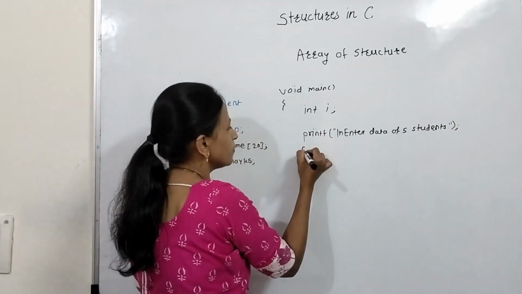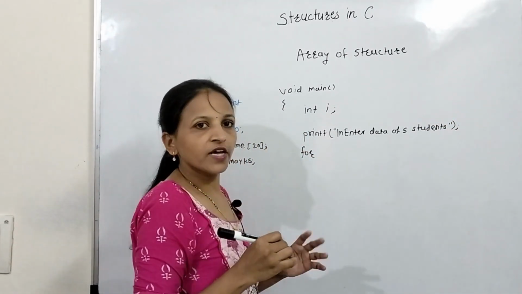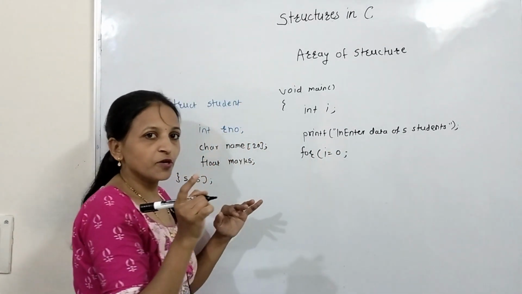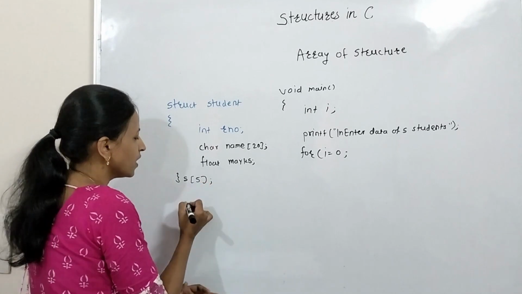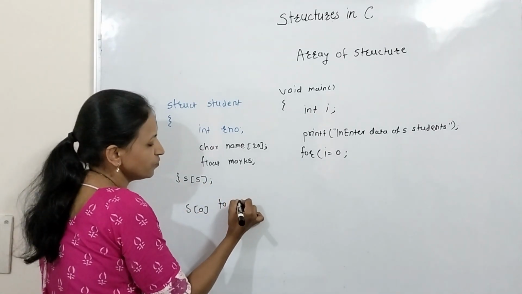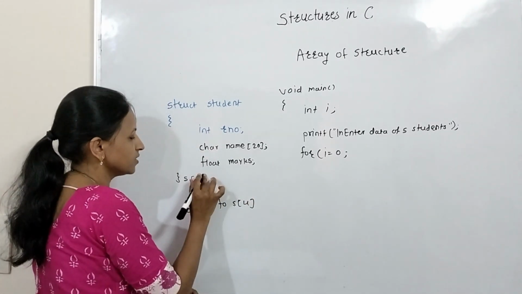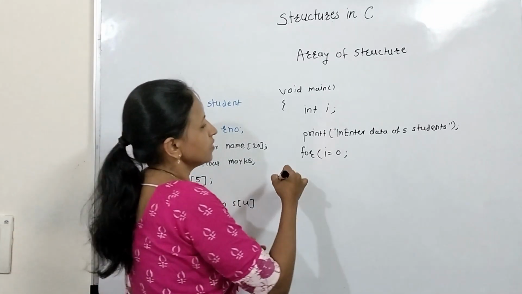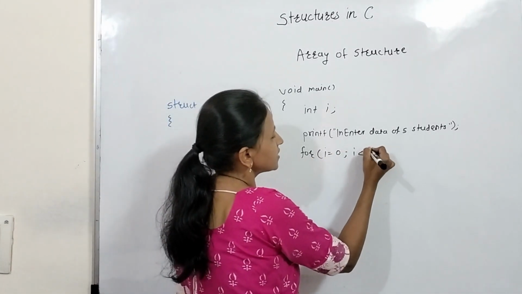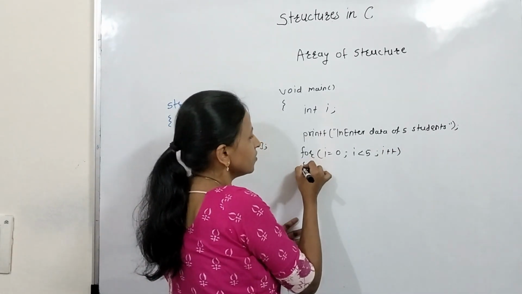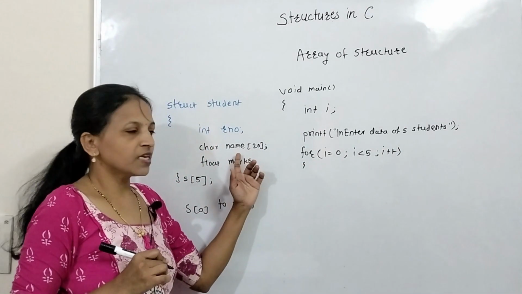Now here we have to place a loop, because we are acting on an array. For I equals 0, always start with 0, because the array elements will be from S of 0 to S of 4 here. This is our array of size 5. Now for I equals 0, I less than 5, I plus plus. See, first we have to accept roll number, then name, then marks.